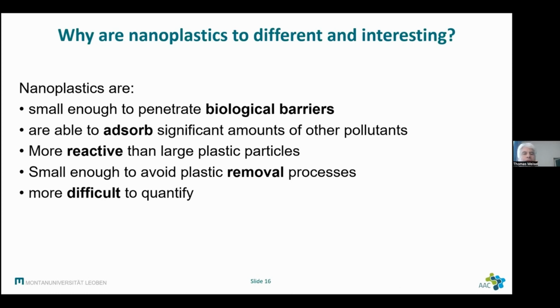But there are many problems here. The reason they're interesting is that they penetrate biological barriers and are able to absorb a significant amount of pollutants, but also bacteria. We know this, and they are extremely reactive, which makes you worry about how they react in non-simple matrices like human tissues or in a wastewater treatment plant.